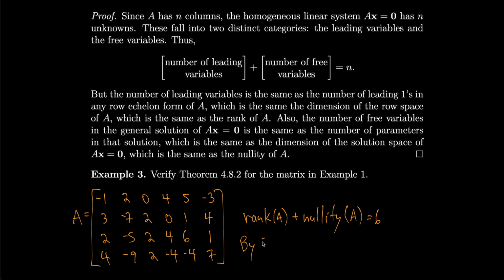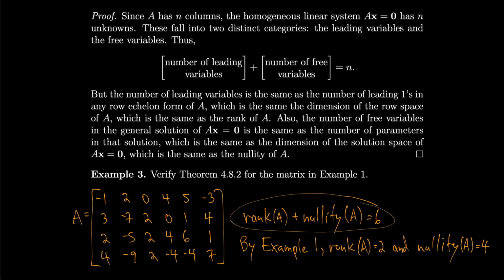In other words, by example 1, rank of A is equal to 2, and nullity of A, well, I used a lowercase n, so I'll try to be consistent, nullity of A is equal to 4, so this equation is true, or at least it's verified in terms of the theorem.